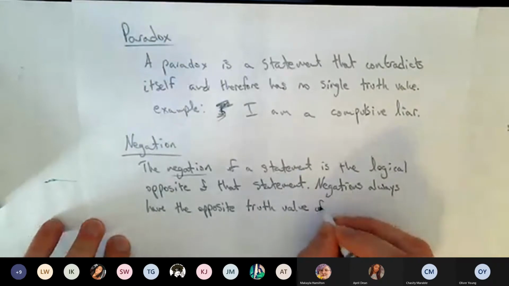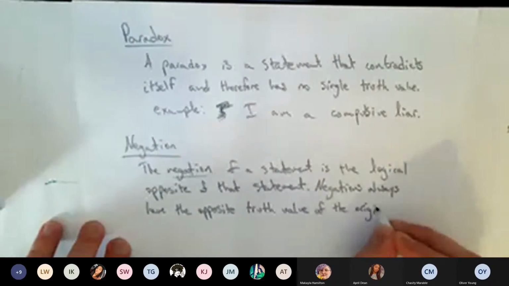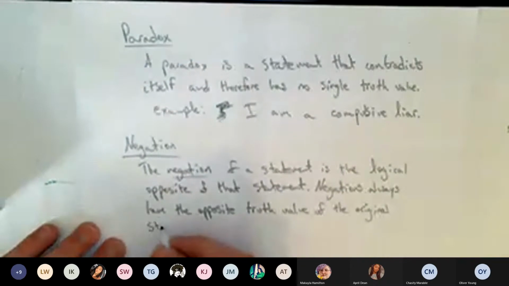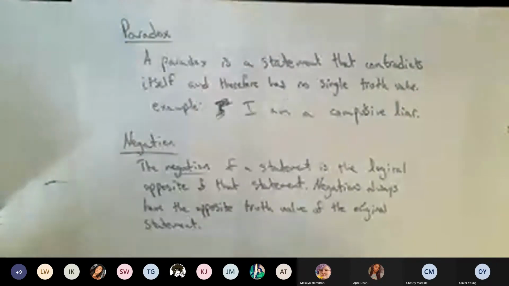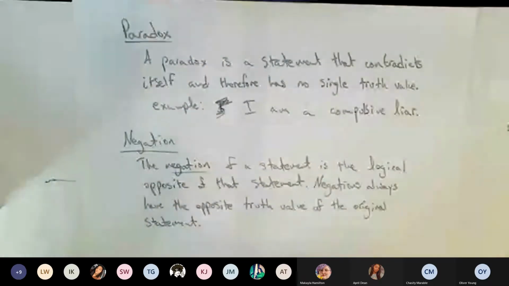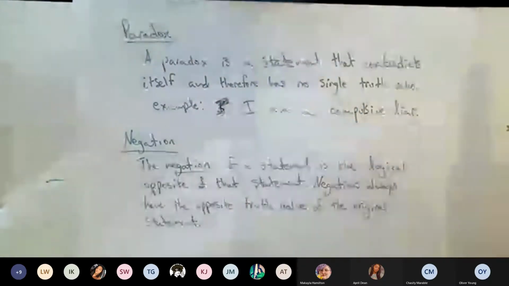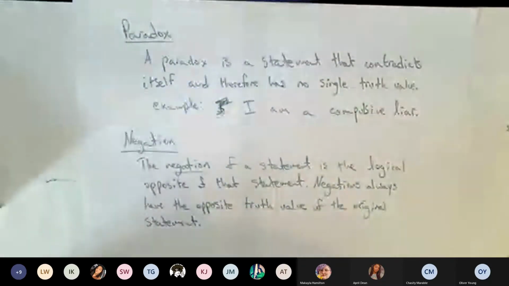So if I give you a statement P and I tell you that the statement P is true, then the negation of P is false, right? So it should flip the truth value. That part's easy. What's not so easy sometimes is actually negating the statement itself, writing it out grammatically correct and everything. So we will practice that.